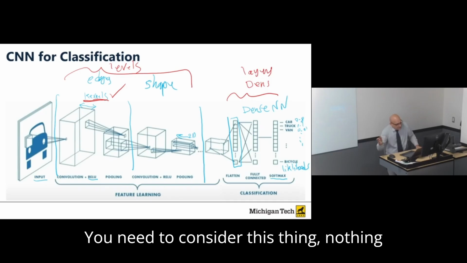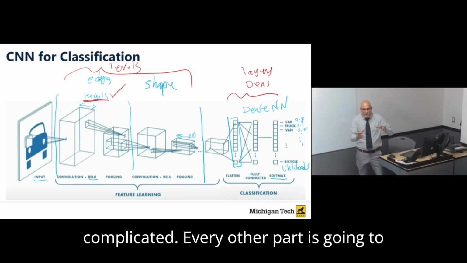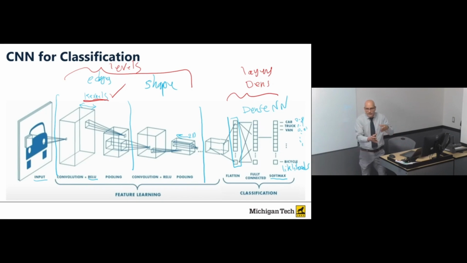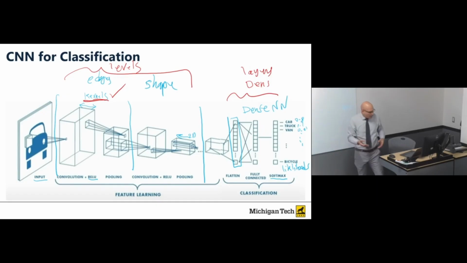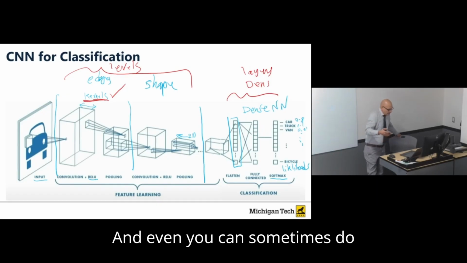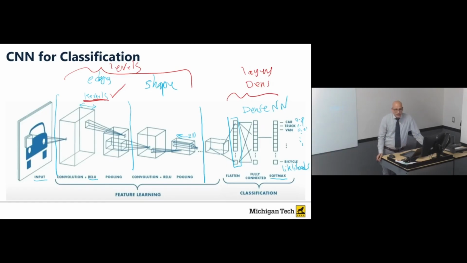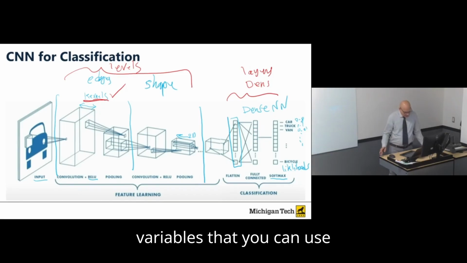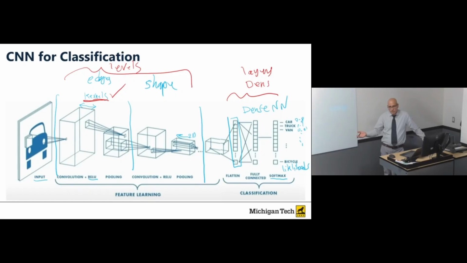You need to consider this thing, nothing more. So it's not that complicated. Every other part is going to be done automatically. And sometimes you can even do it based on validation, because these are variables that you can use validation data to find.